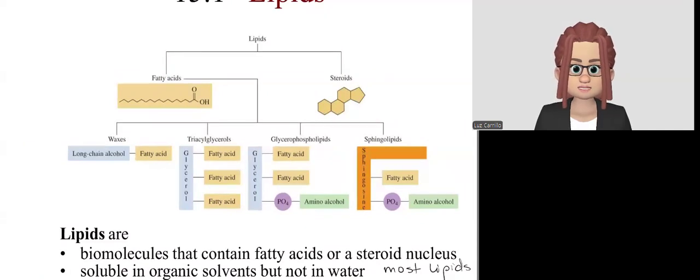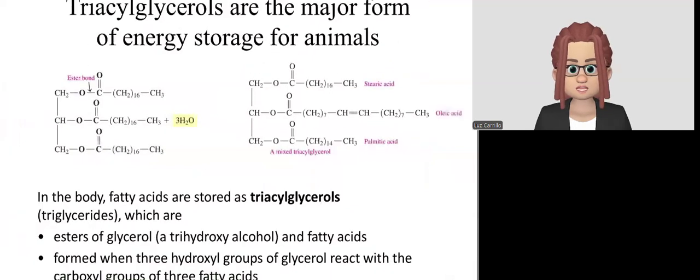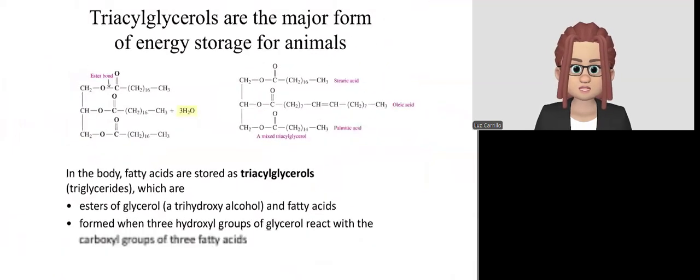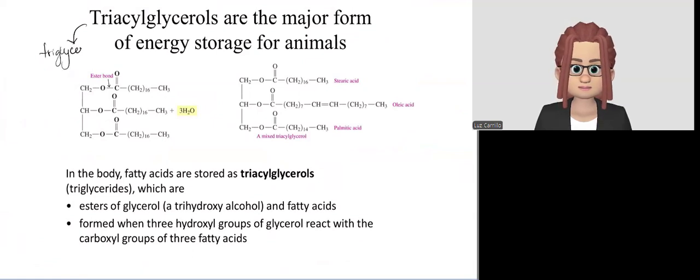Let's now move on to talk specifically about triacylglycerols, which are important biomolecules for the human body. So, what is a triacylglycerol? A triacylglycerol, which is also known as a triglyceride, is the way in which we store fat.